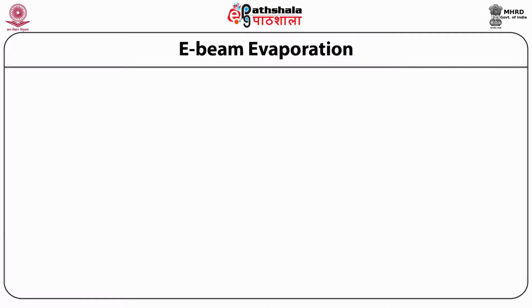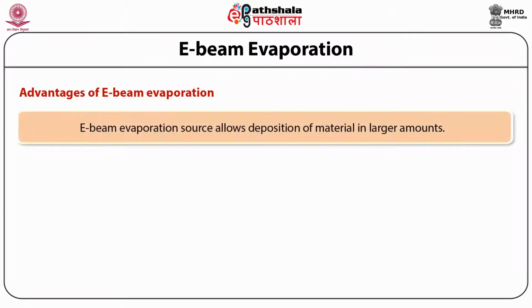There are various advantages and disadvantages of e-beam evaporation. The advantages of e-beam evaporation are: first, the e-beam evaporation source allows the deposition of material in larger amounts. Also, a higher deposition rate is achieved.